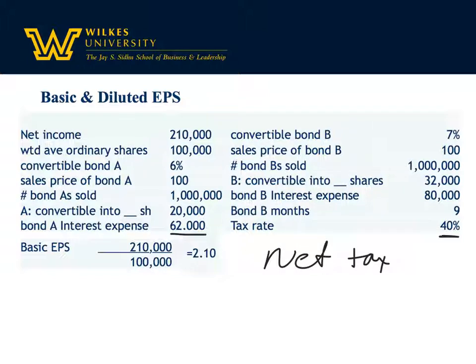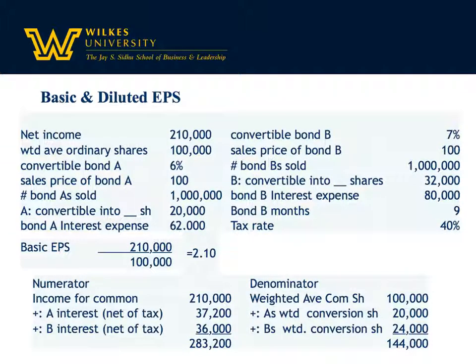The same thing happens with bond B. Except notice that bond B was only around for 9 months of the year. We don't have information for that for bond A, so we're going to assume it was for the entire year. But our interest expense, because we're going to deal with this on a weighted average, we're going to have this for 9 months of the year. So this is where we go.